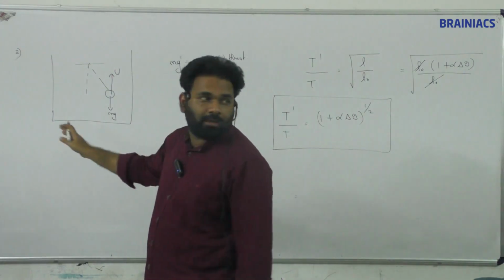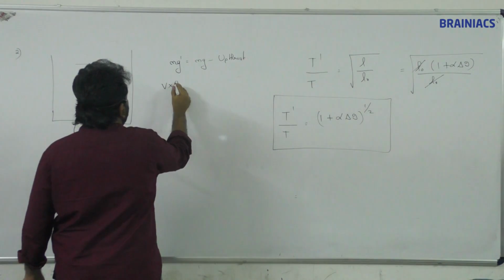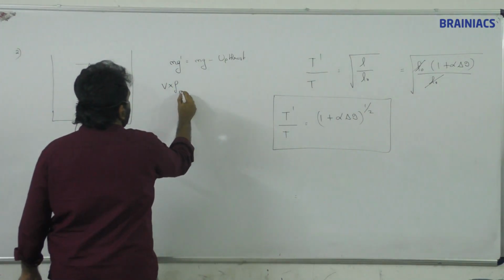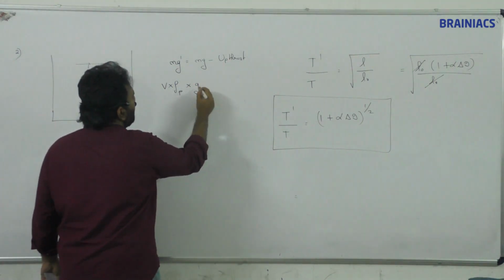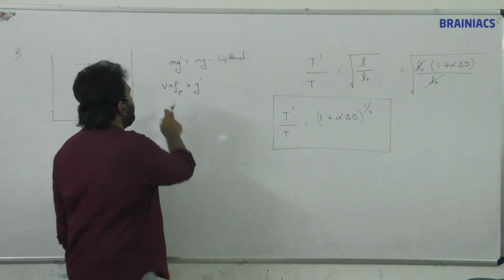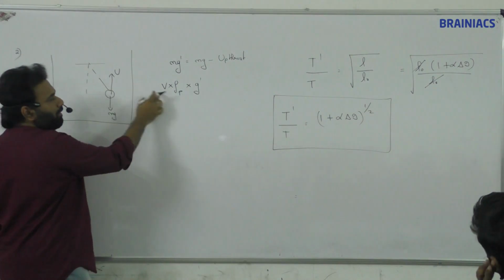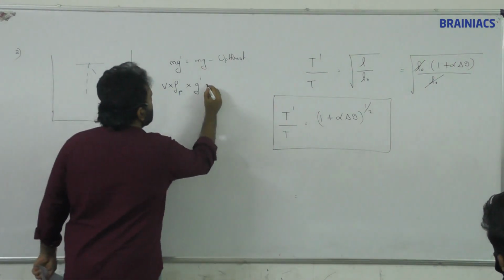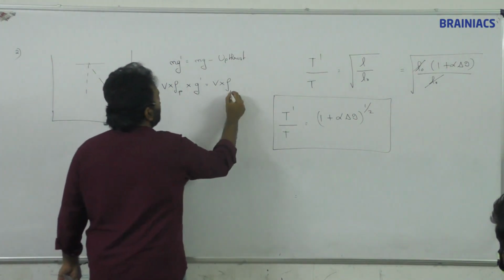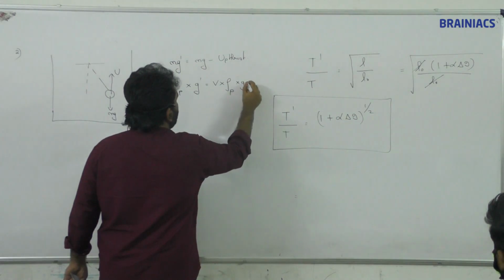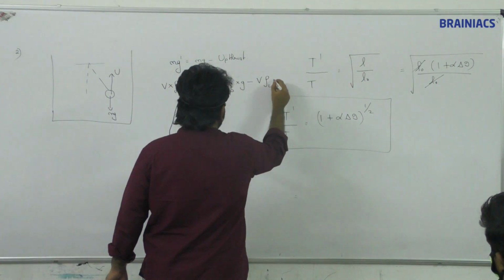Volume of the pendulum into density of the pendulum into g dash is equal to volume of the pendulum into density of the pendulum into g, minus volume of the pendulum into density of the liquid into g.